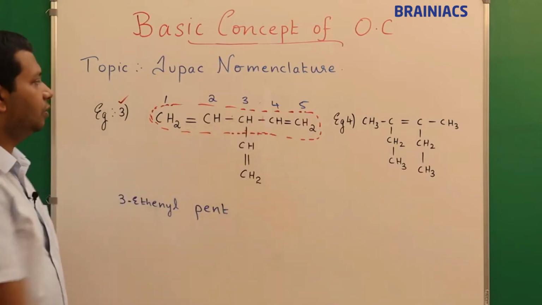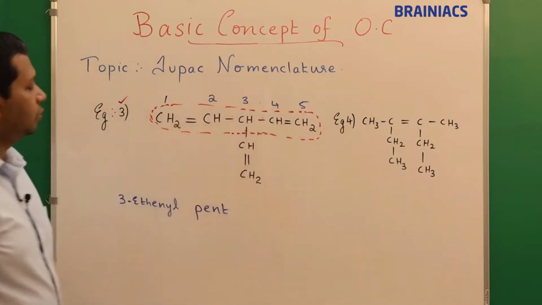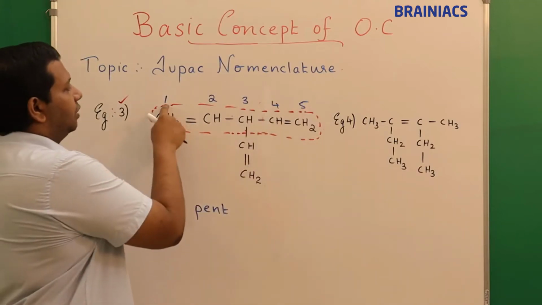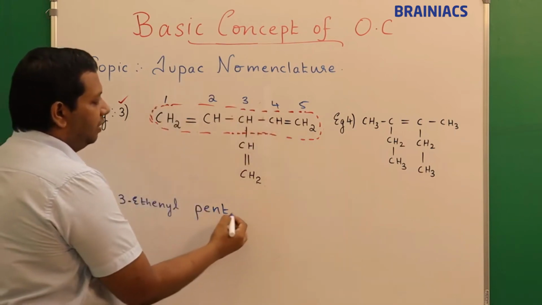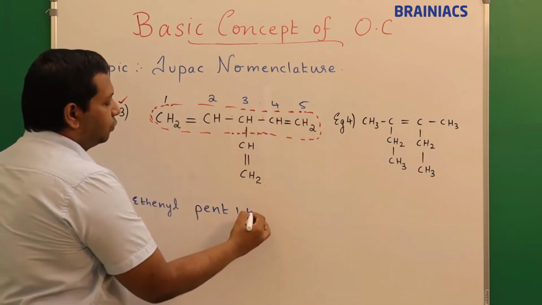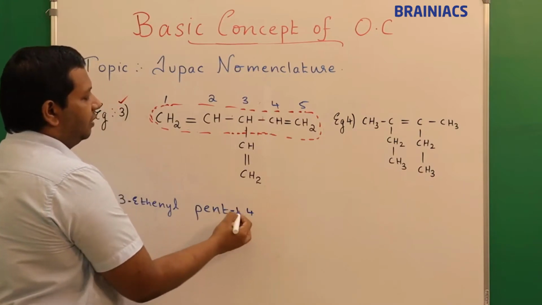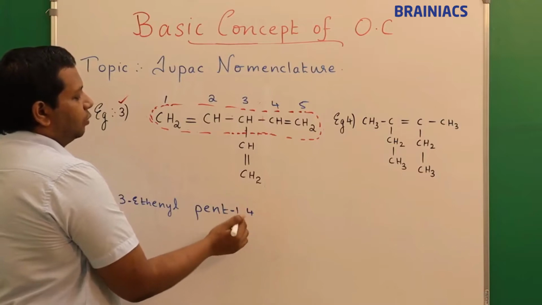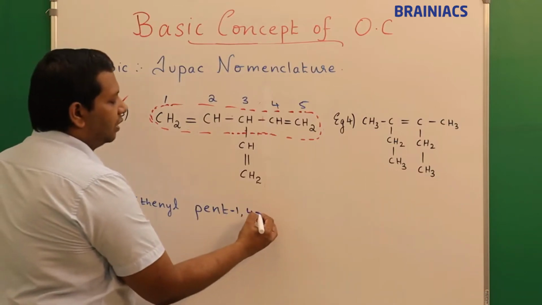I know the parent carbon atom chain is linked through double bonds. So I should put that at what position the double bond is there, at position 1 and position 4. So I can say pent 1, 4. Okay, you need to put hyphen after alphabets. Then locants should be separated by commas. Pent 1, 4. Then hyphen.